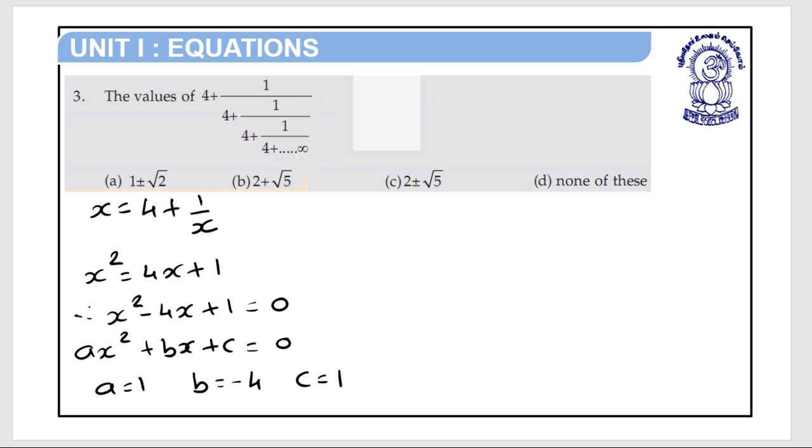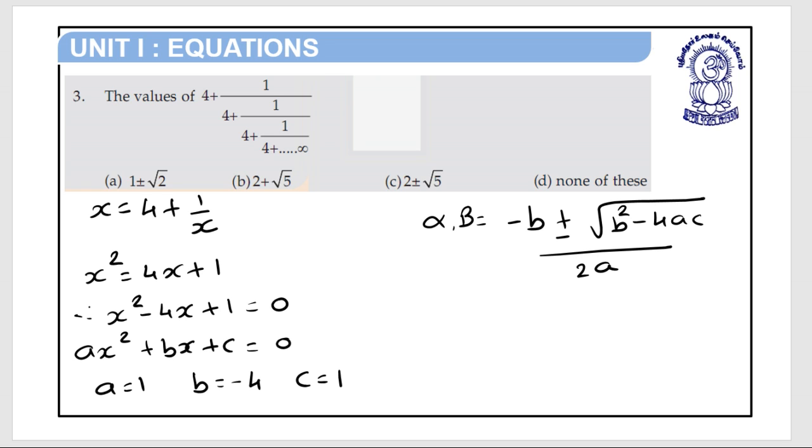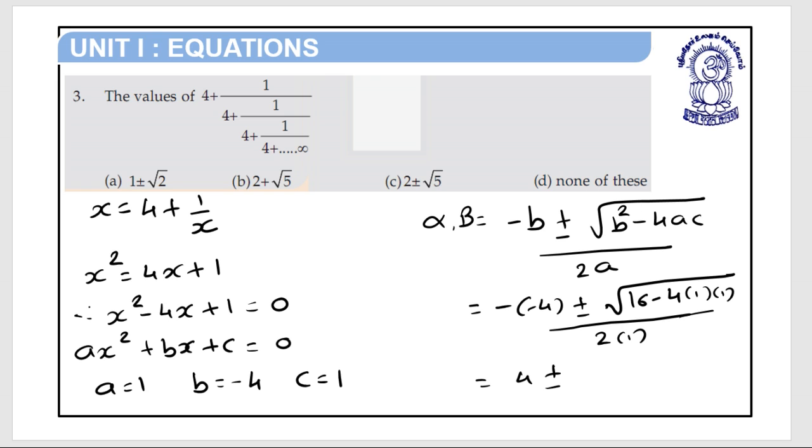So roots alpha, beta is equal to minus b plus or minus under root b square minus 4ac upon 2a. Minus b is 4 plus or minus b square, 16, minus 4, a is 1, c is minus 1, over 2a, which is 2.